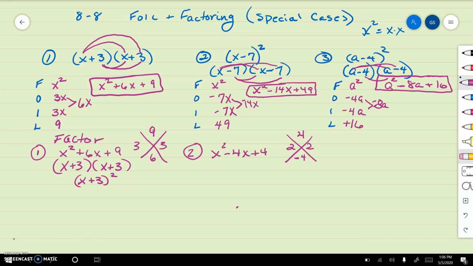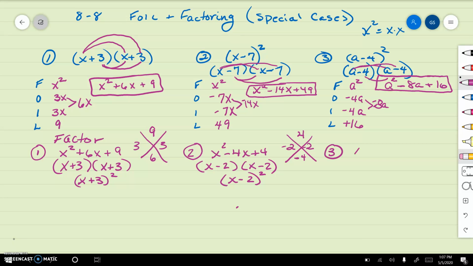So 2 times 2 equals 4, but we want to add to a negative 4. We'll just change the signs, change all the signs, and that fixes that. And now we have x minus 2, x minus 2. Well, that can be written as x minus 2 squared. The quantity x minus 2 is being squared. Okay? So, maybe you're finding what the pattern is.